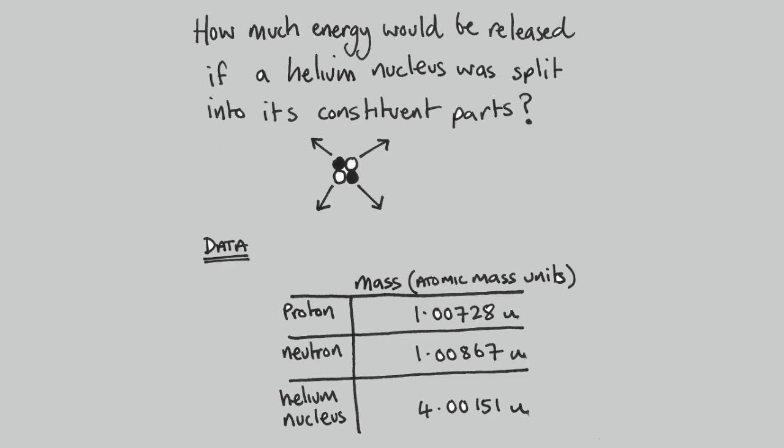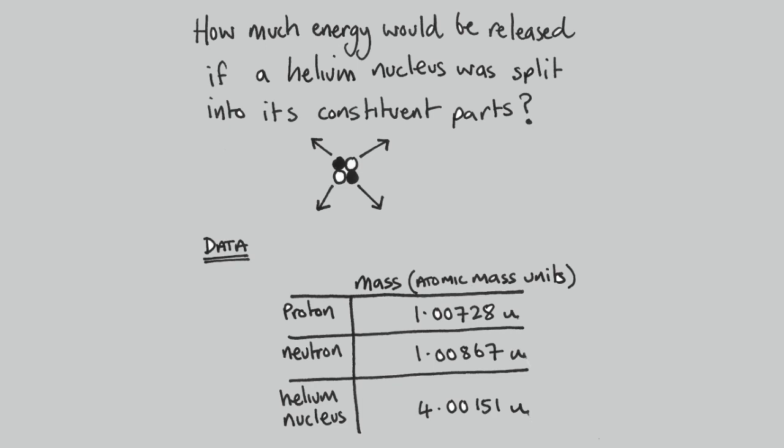Well, we would need to use E equals mc squared to find out how much energy was associated with the mass that's missing. We're not going to do that step today. We're just going to look at how we would go about working out this mass difference. And we're going to do that in kilograms.